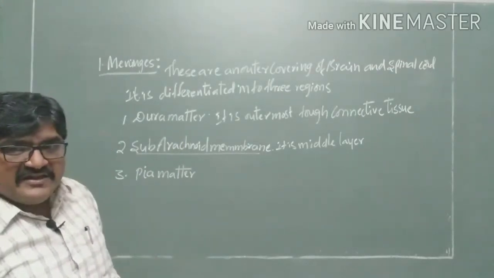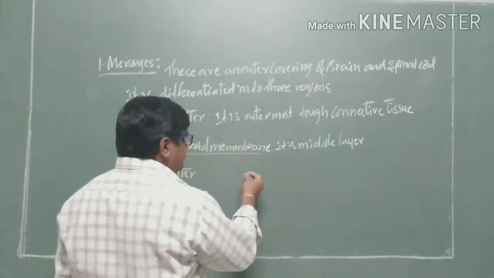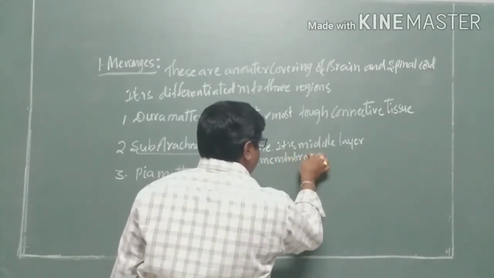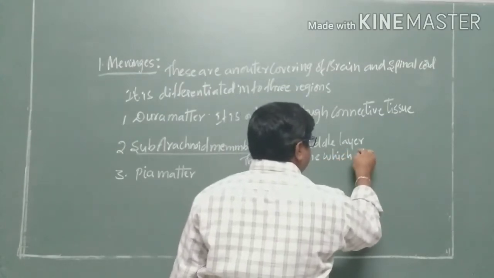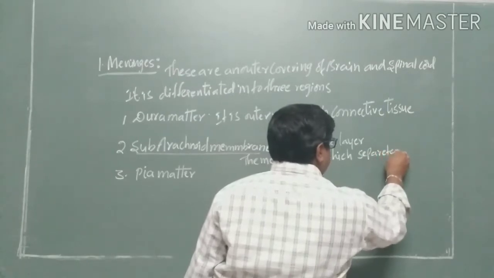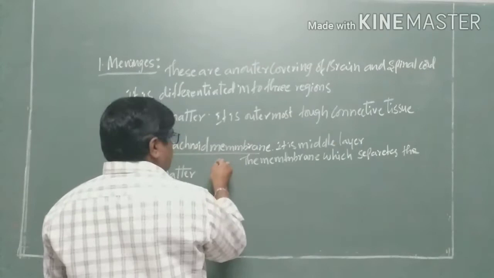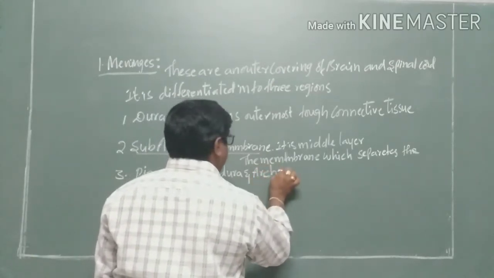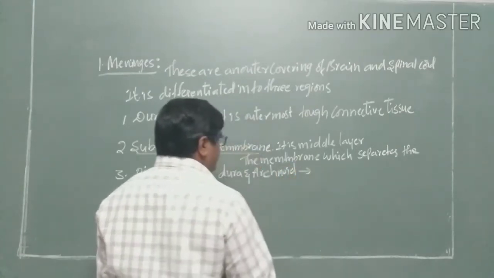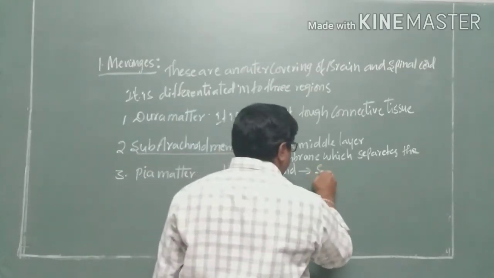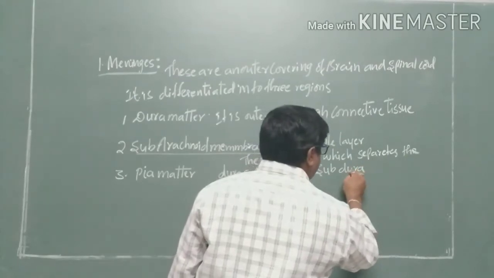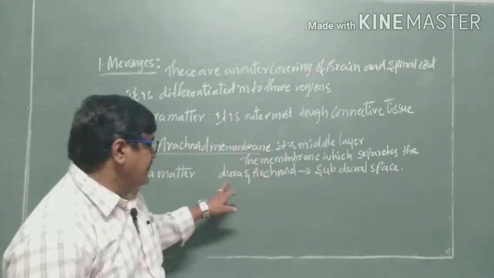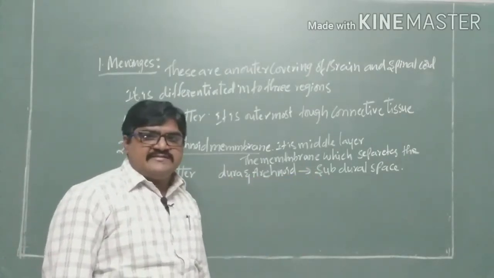The space which separates the dura mater and the arachnoid membrane is called the subdural space.